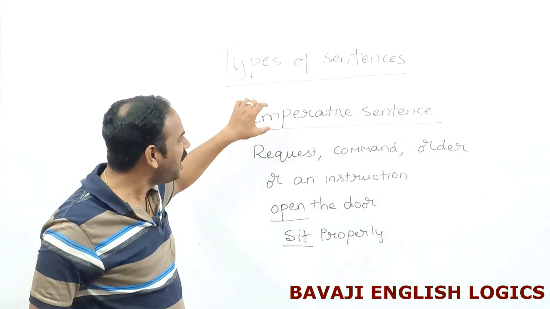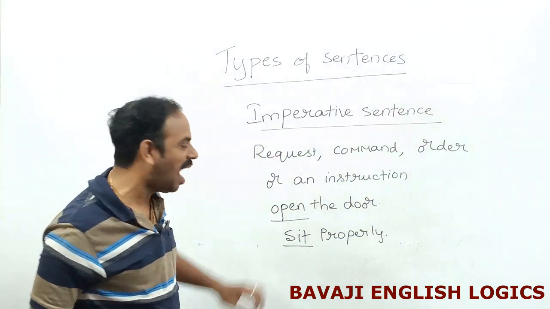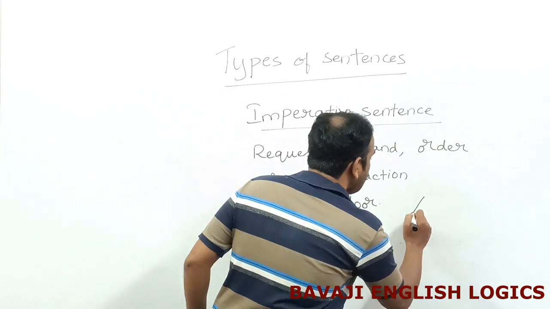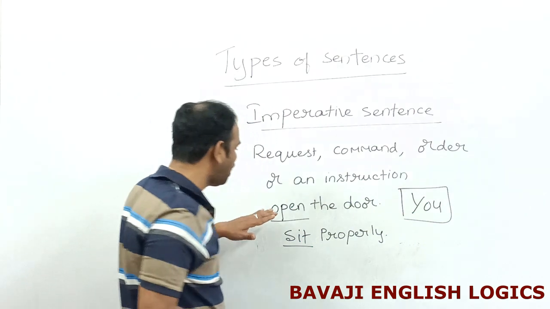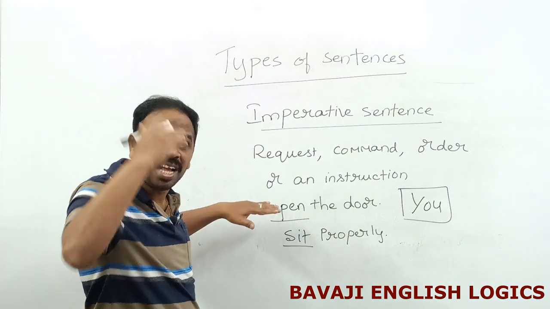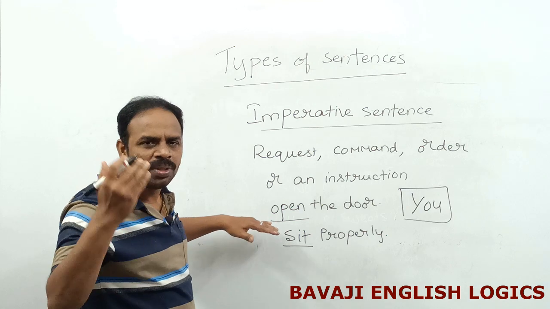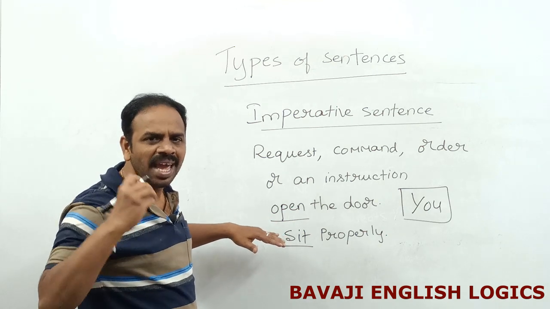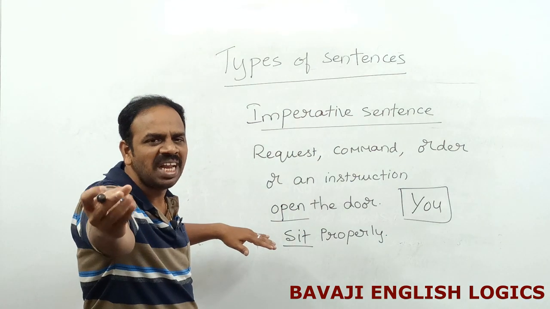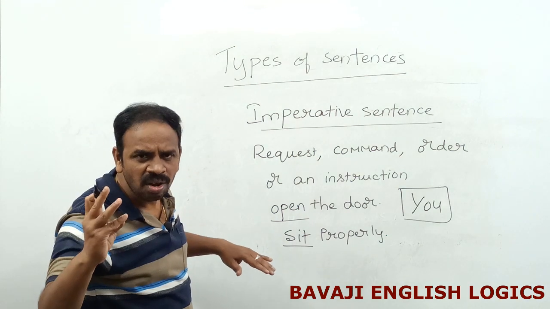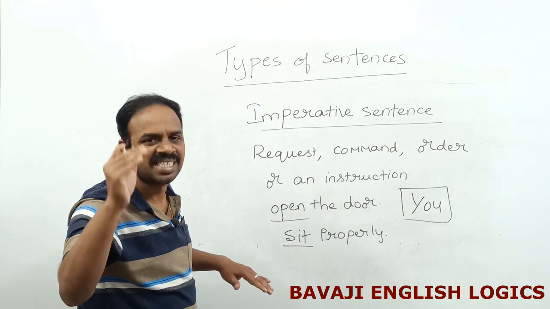But in an imperative sentence, the subject is imagined as the second person, you. The first person is speaking to the second person, either requesting, commanding, ordering, or instructing.